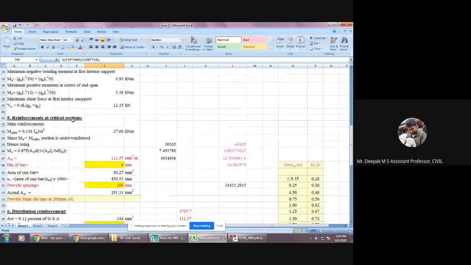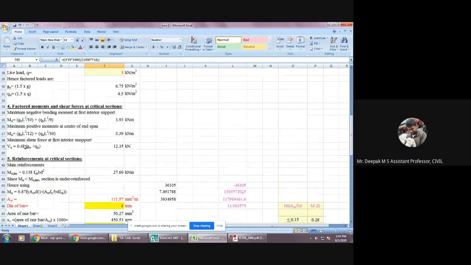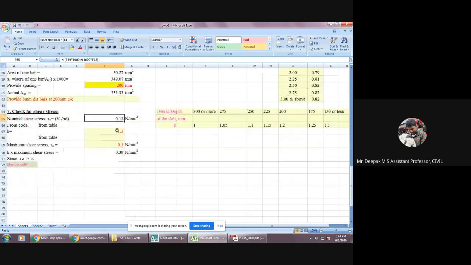You know what is Vu, that is 0.6 of dead load and live load in that particular length. So you know your Vu, and it is divided by the cross section of the slab, that is width of 1 meter and depth of the slab, that is 0.1.